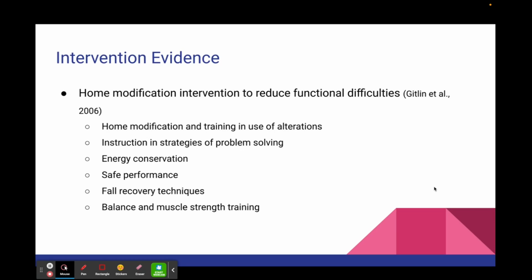Observation was also conducted. So the results showed that at 6 months, intervention participants had less difficulty and greater self-efficacy and had higher use of adaptive strategies. These benefits were also sustained at 12 months for most outcomes.